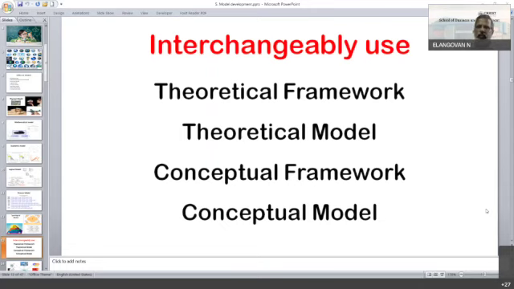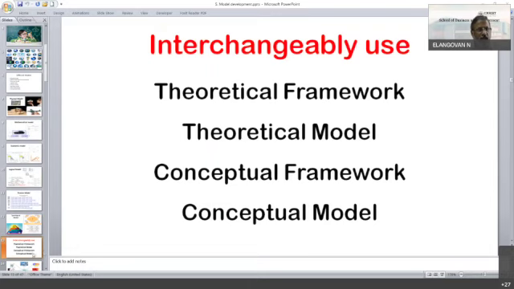So maybe a generalized model is called a conceptual model. The next participant, Prakash sir, was telling that a theoretical framework is kind of a model of the theory, and the conceptual model is that which I'm going to work on. Okay, so these two answers are almost what I wanted to explain.